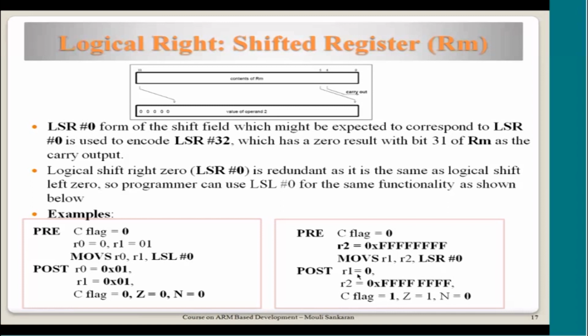So R1 will have a 0, R2 will anyway be intact, and the last MSB bit, which happens to be 1, went out of the register, and because it is saying I want to impact the carry flag, it will be written into the carry flag. So the carry flag will become 1, and the result happens to be 0. So the Z flag will be 1 and N will be 0.